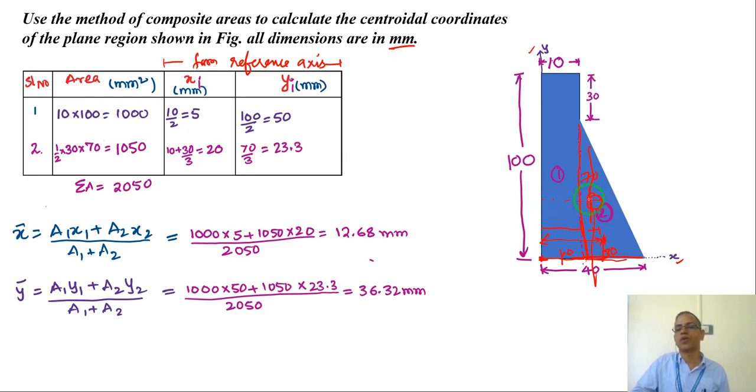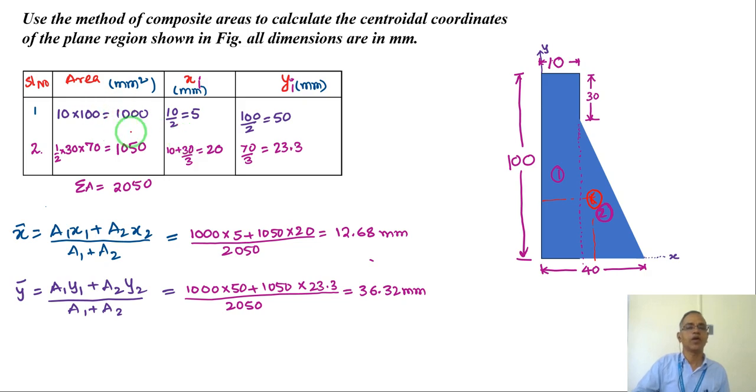So this will become my centroid, somewhere here. So this will become the centroid of the total composite area. Right? Very simple.